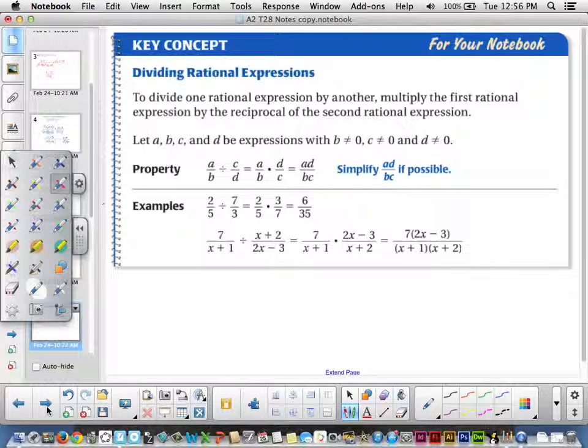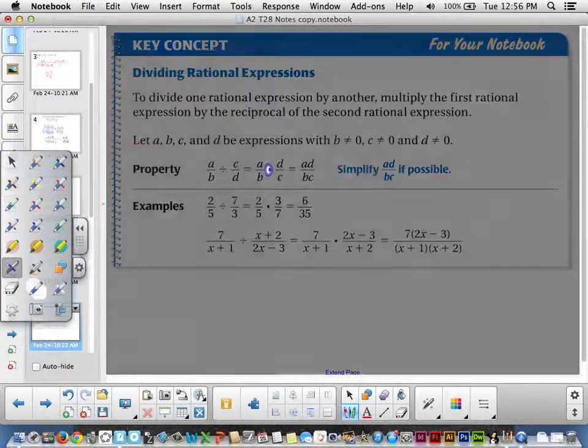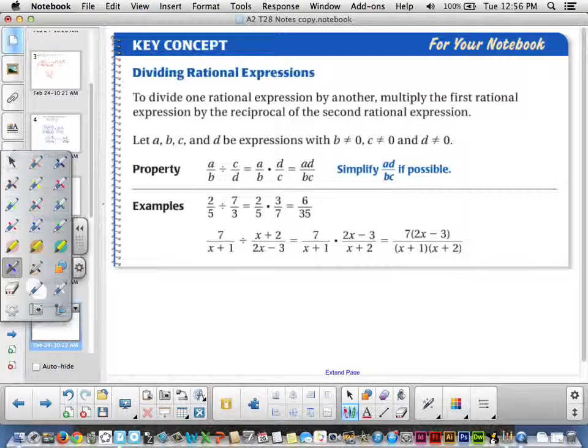Now, dividing. The key idea when dividing is to know that dividing really is multiplication. You just have to take the reciprocal first. So for example, right here, we got a over b divided by c over d. We can rewrite that and take the c and the d and flip them and make it a times d over c.